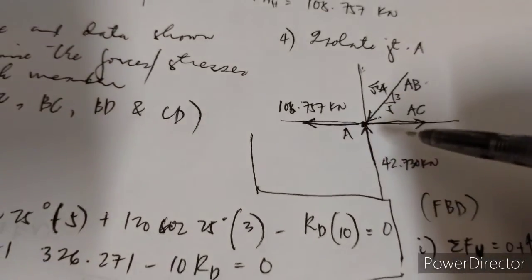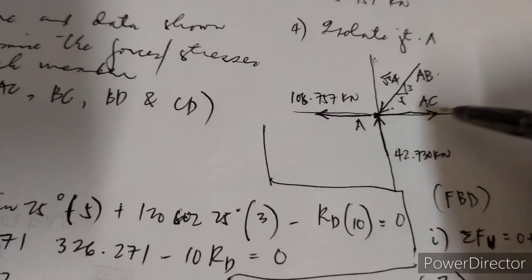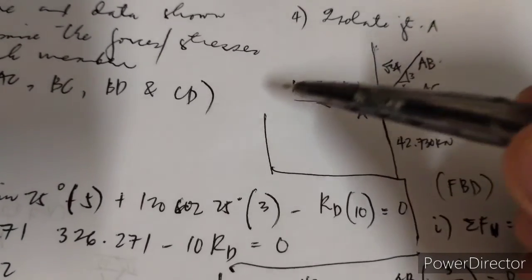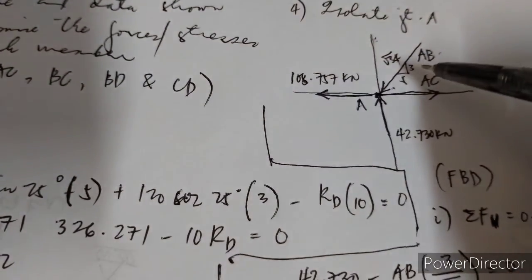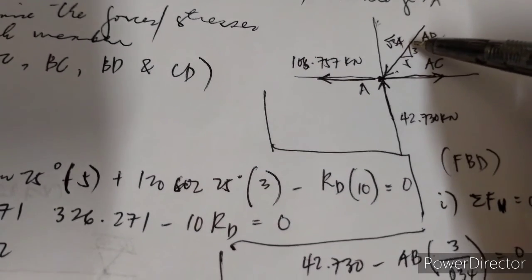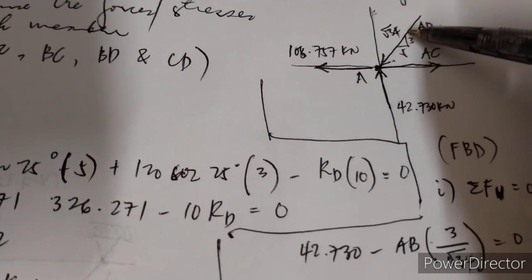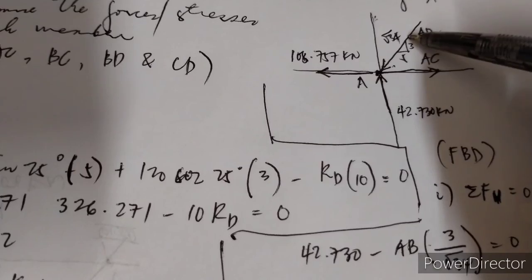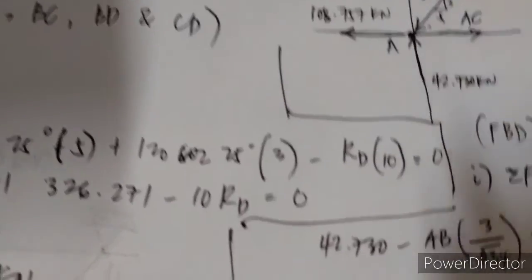What are the forces acting horizontally at this joint? You have AC, 108.575, and of course the horizontal component of AB.